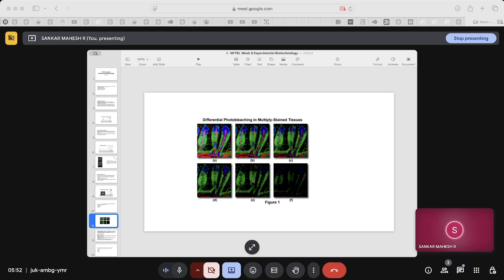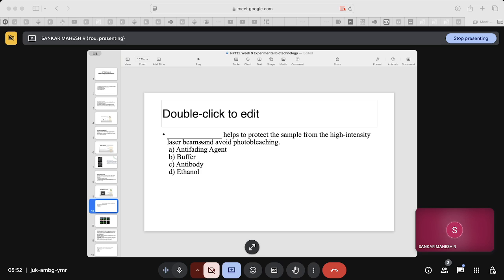This is because the fluorophore is losing its ability to fluoresce. This is called photobleaching. Now, the question is which of these reagents will help protect the sample from high intensity laser beams to avoid photobleaching.